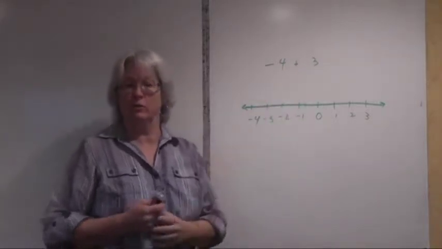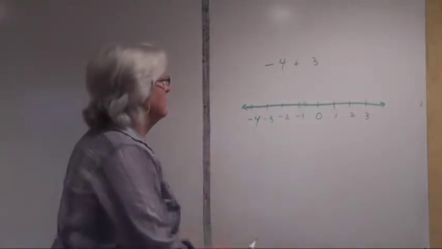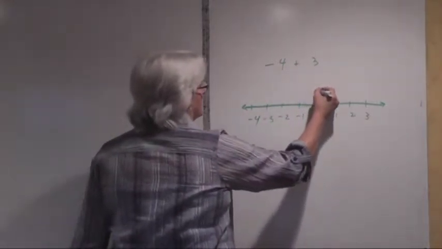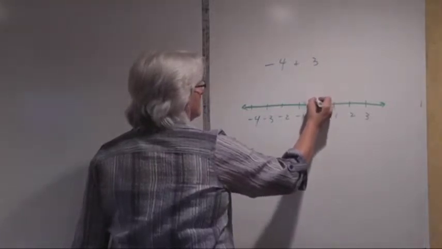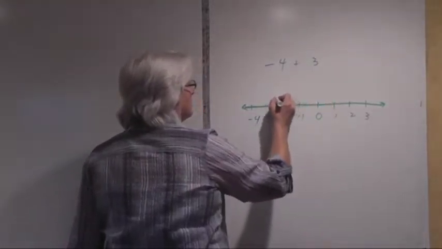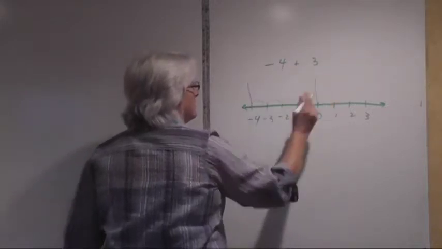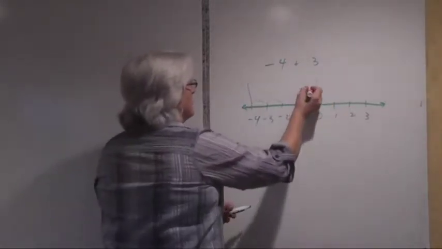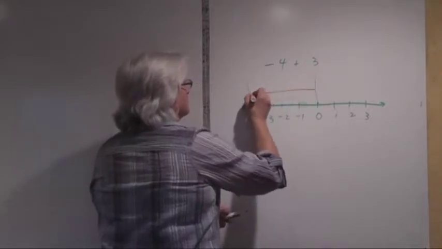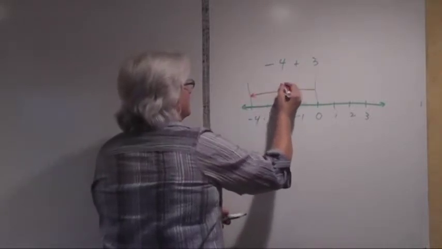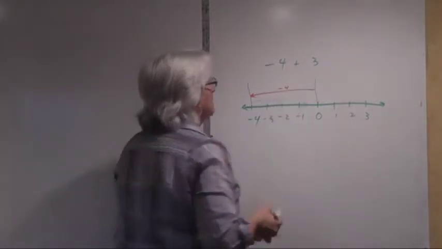When we add a positive, we move to the right. We start with 0. We add a negative 4, so we move 1, 2, 3, 4 units to the left on the number line. That indicates that we have added a negative 4.